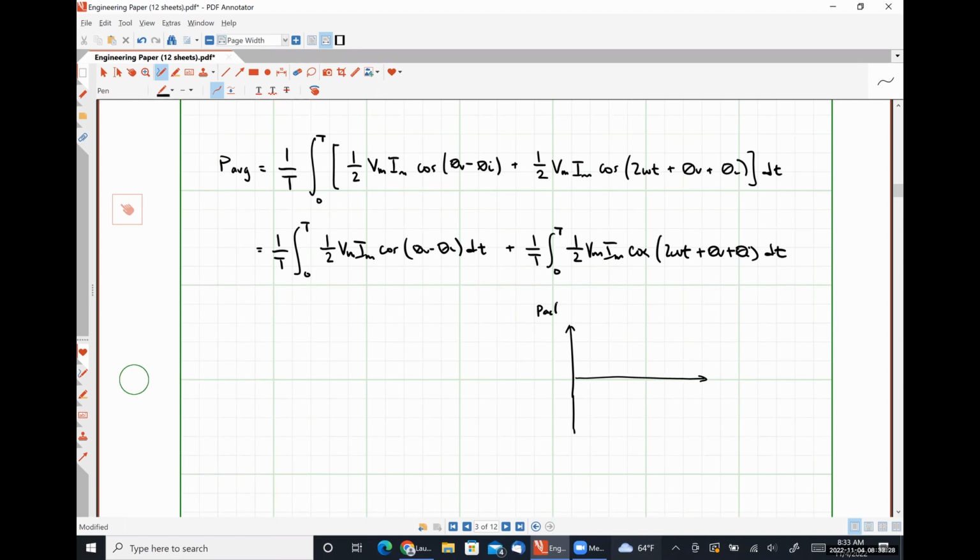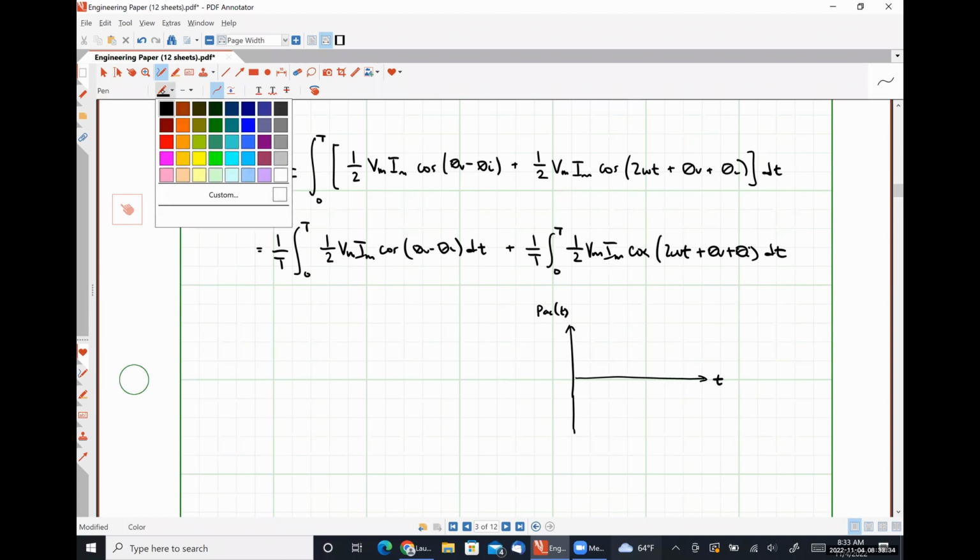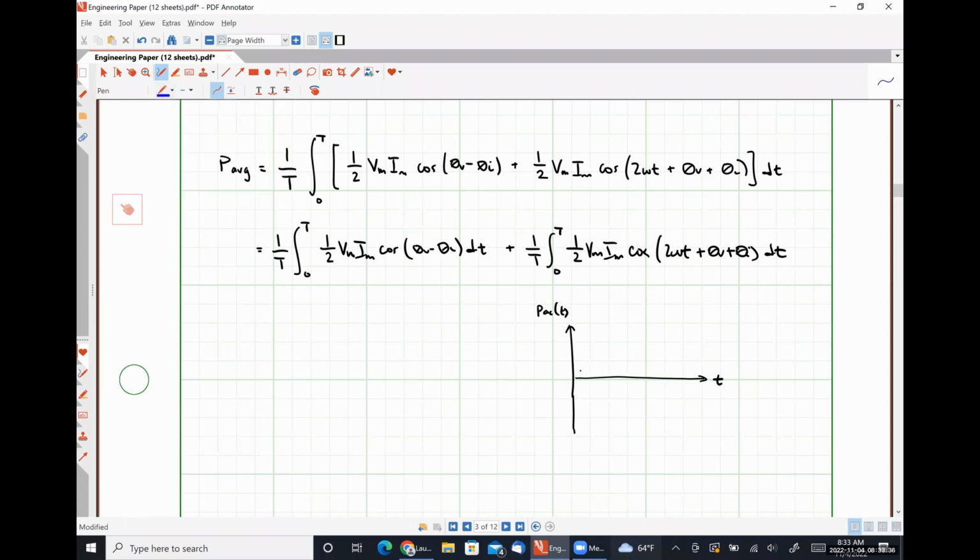So this is the AC part of our instantaneous power as a function of time. This is one period, right?